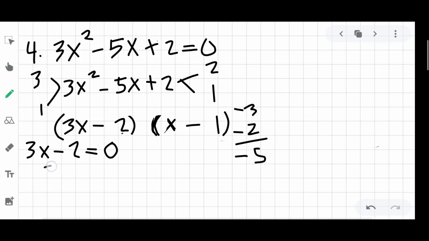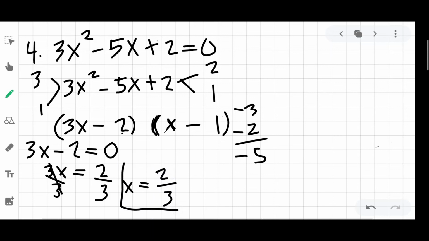Bring down 3x equals negative 2, transpose natin, magiging positive 2. Divide both sides by 3. And our final answer is x equals 2/3. Kasi hindi pwedeng i-divide si 2 divide 3. Kaya ito yung magiging sagot natin.